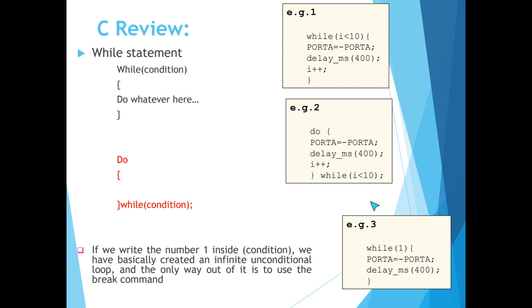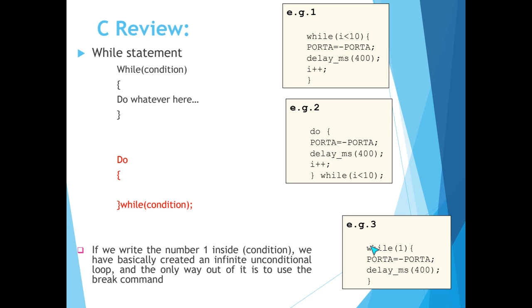However, if we write the number 1 inside the parentheses, inside the condition here, we have basically created an infinite unconditional loop, and the only way out of it is to use the break command.